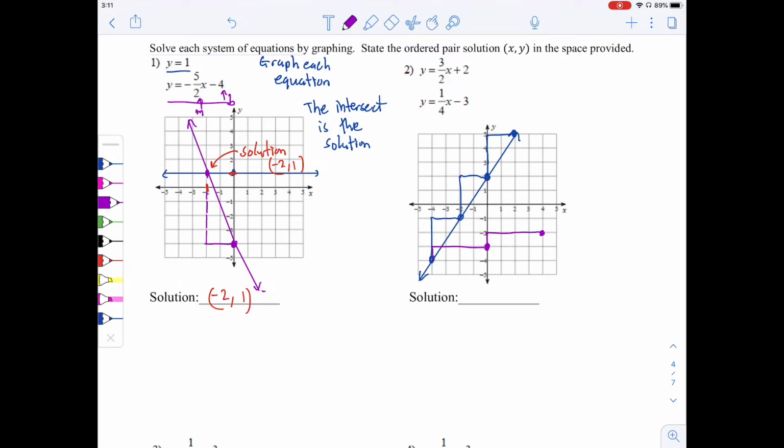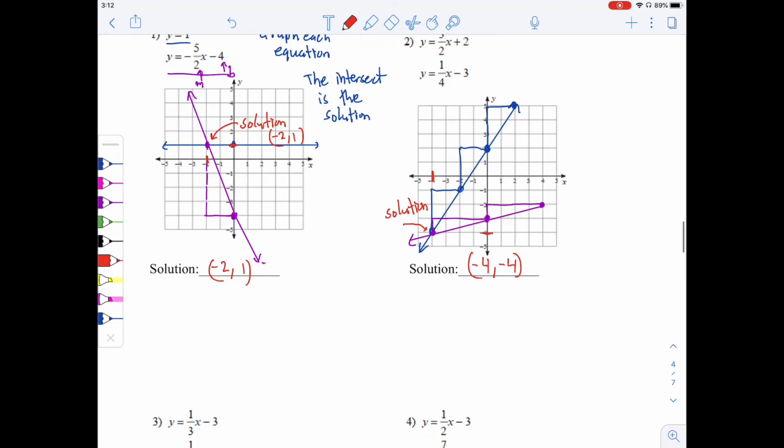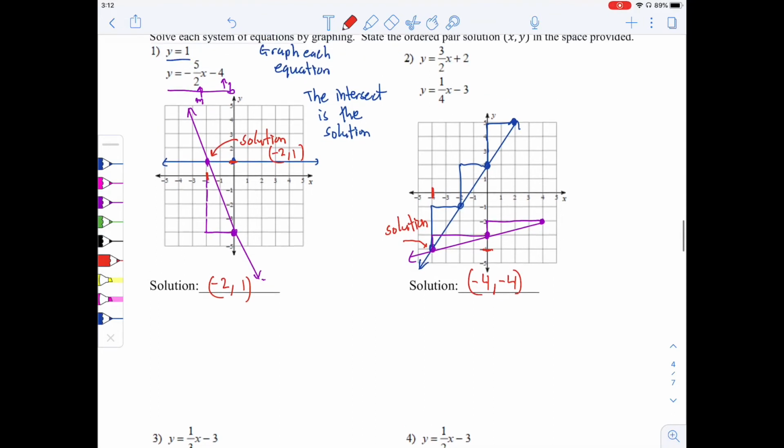Follow the pattern the other way. And you can see they're going to intersect at a point. This is your solution, at -4 on the x-axis, -4 on the y. So (-4, -4) is the solution because that's where it intersects.